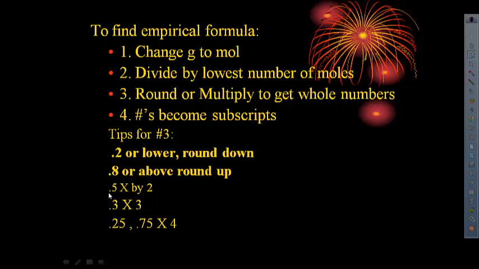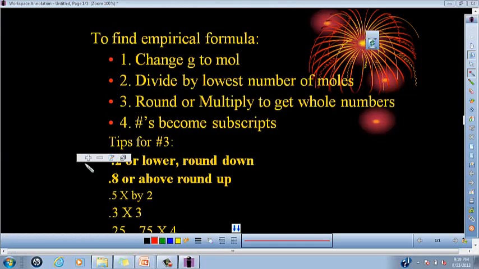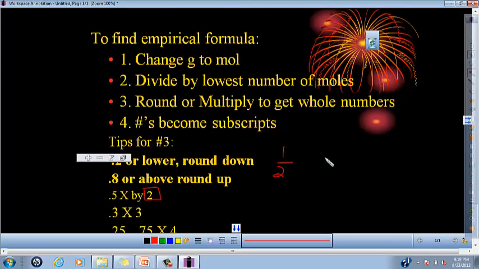Alright, if you get a decimal of 0.5, we know that 0.5 is the common fraction, 1/2. Okay, so in this case you're going to multiply by 2 to get rid of it. Okay, the decimal 0.3, that is the common fraction, 1/3.